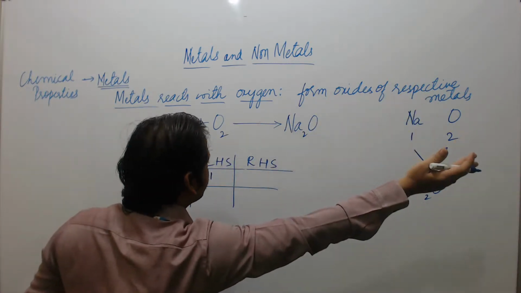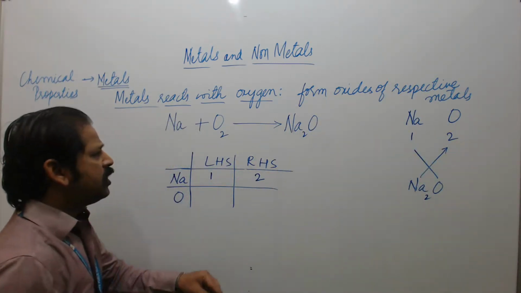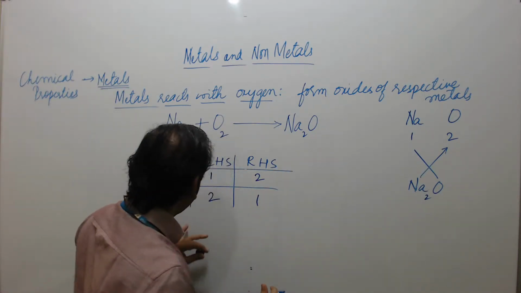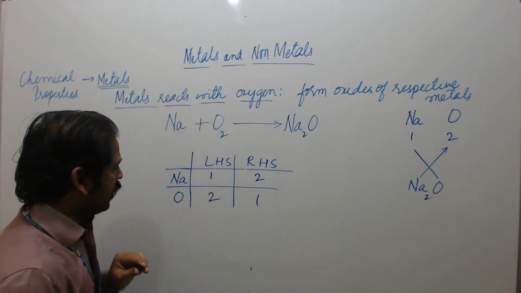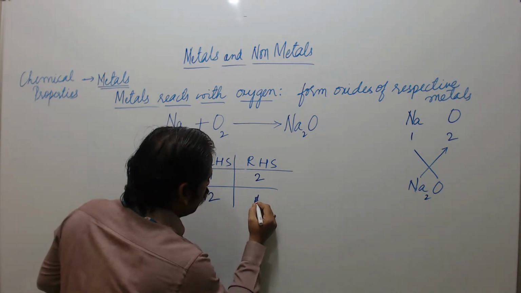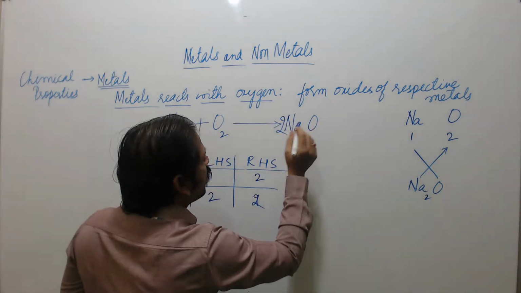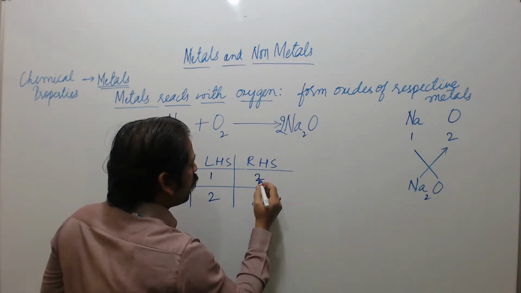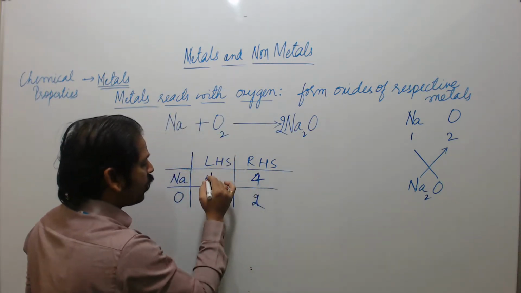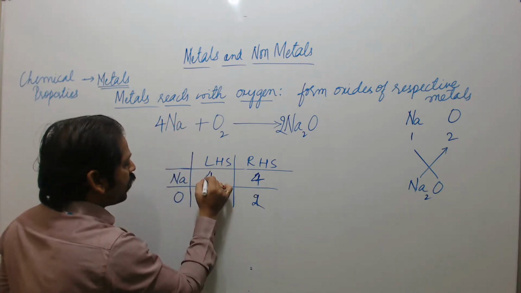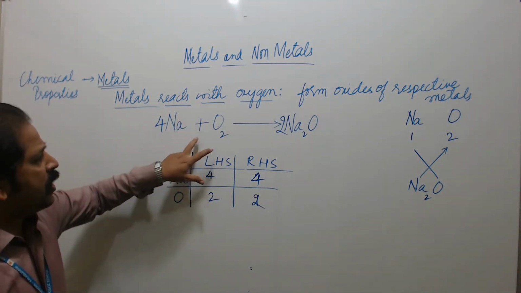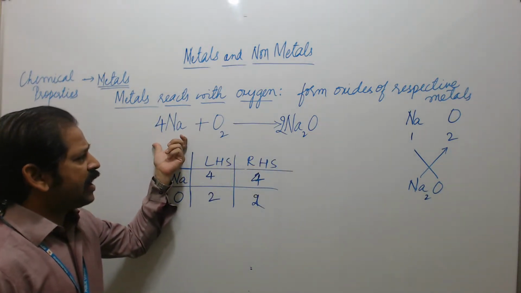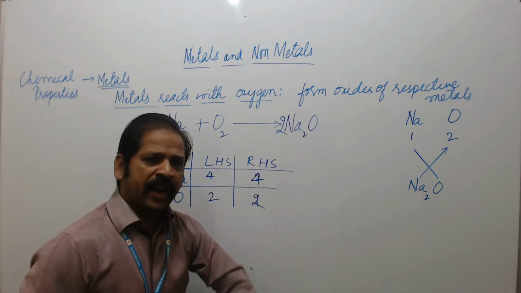Oxygen, left-hand side is 2, right-hand side is 1. We will balance the oxygen. We'll make it 2 here, so it becomes 2 now. Now oxygen is 2, but sodium has become 2 to the 4. On the right-hand side I have to make it 4, left-hand side 4. 4Na plus O2 will give 2Na2O. Sodium is reacting with oxygen to form sodium oxide.